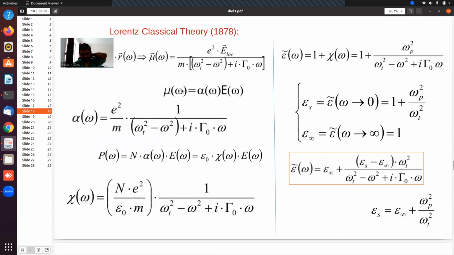Mu is connected with the polarization, so we can get polarizability and susceptibility. Epsilon is 1 plus susceptibility, so once we get mu, it is the key quantity. All these defined quantities are just straightforward. Okay.